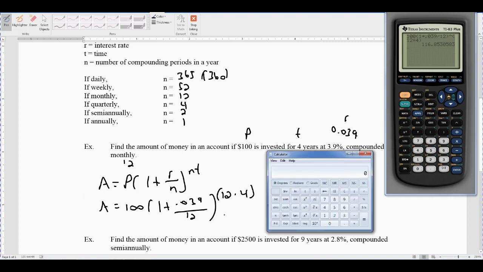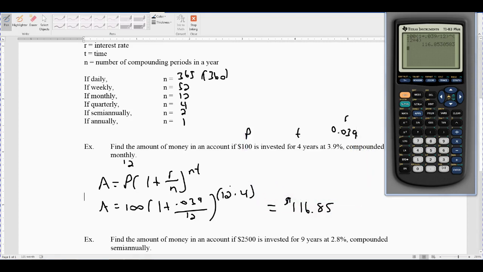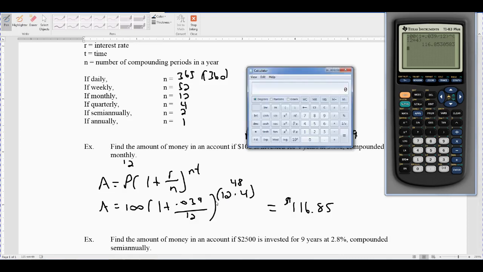Now, for a scientific calculator, you really have to do the 48 first. Get that out of the way: 12 times 4, 48. Then you work inside parentheses first. Do division, which comes before addition. So 0.039 divided by 12 plus 1 equals.